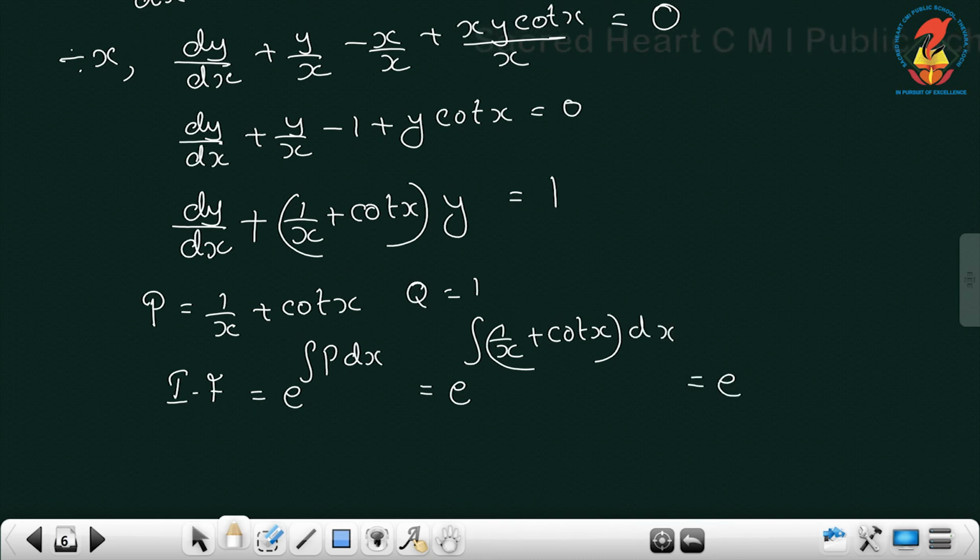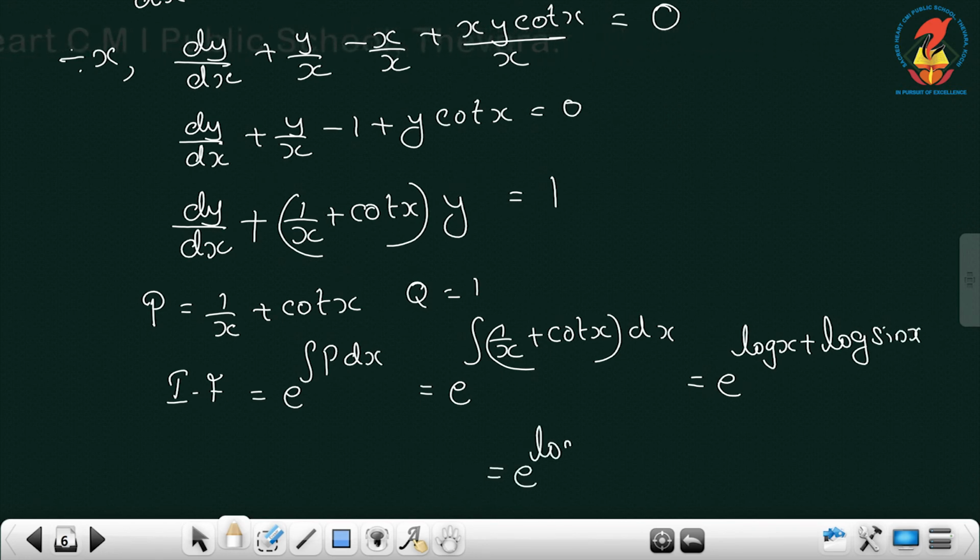That is e raised to, the integral of 1 by x is log x and the integral of cot x is log sin x. Now we apply the result log a plus log b is log a into b. So e raised to log of whatever is here, that is the answer. e raised to log x is x. So that is the integrating factor.